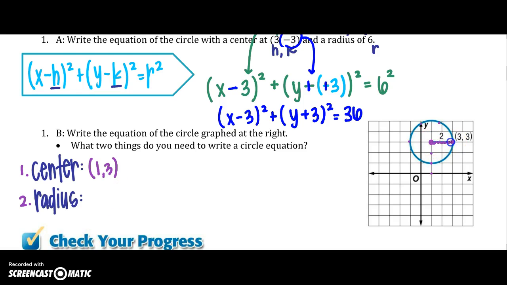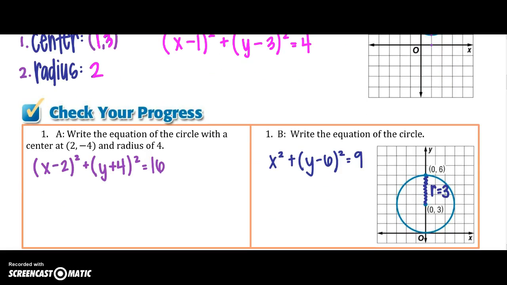So it gives you 1, 2 units. So then using this equation up here, I'm going to say (x minus h) squared plus (y minus k) squared equals r squared, which would be 4. All right, go ahead and stop your video right there and do your checkpoints.